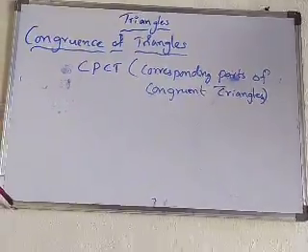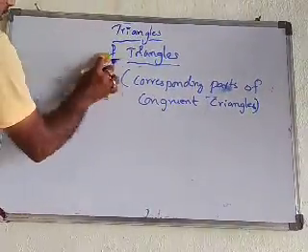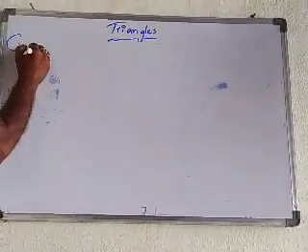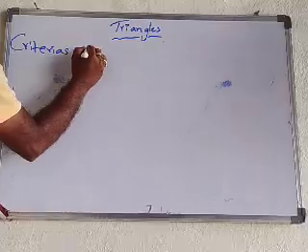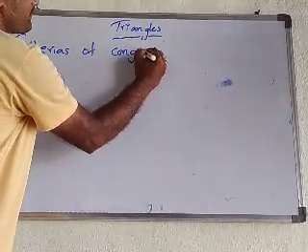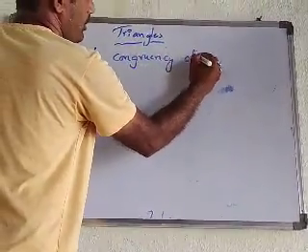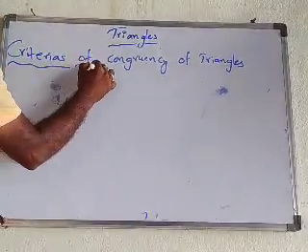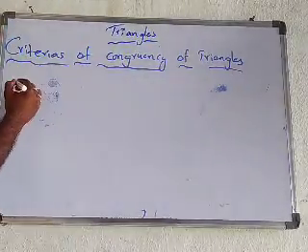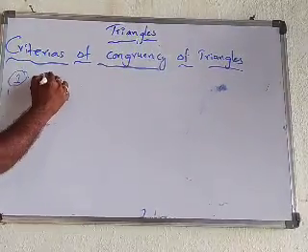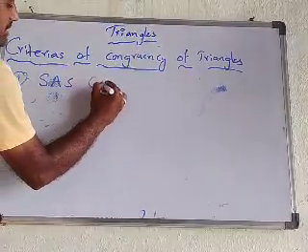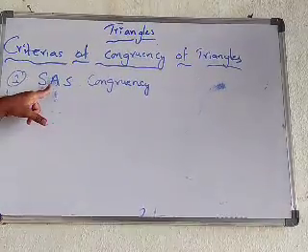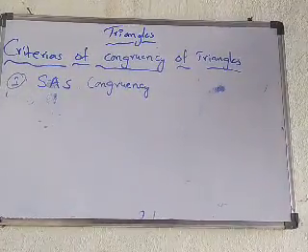Now let us start the criteria of congruency of triangles. So what are the various criteria for congruency of triangles? The first criteria is SAS, side angle side congruency criteria.